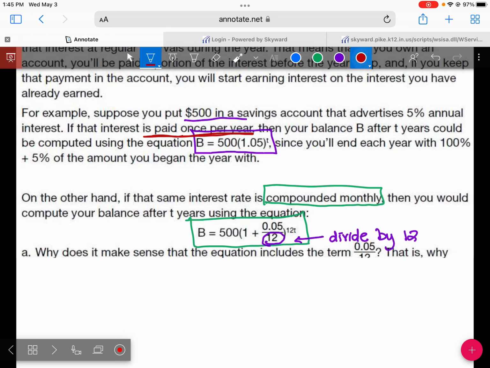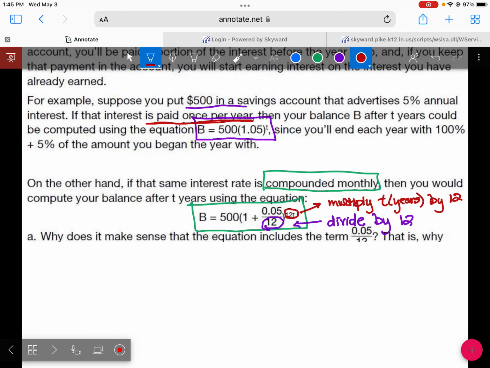And in looking at the time over here, you're going to multiply T, which is your time in years, by 12. So those are the big differences between compounded annually, once a year, and compounded monthly.